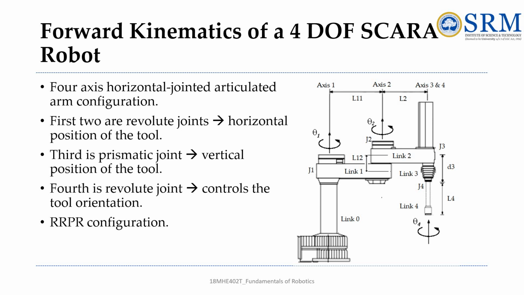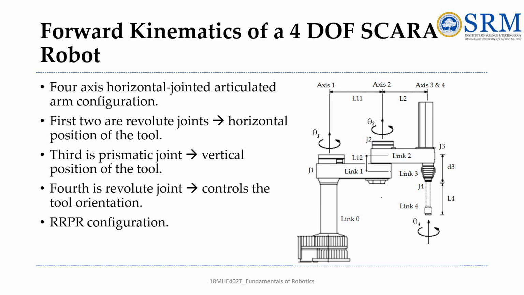Okay, so link 1 and link 2 are named L11, L12. So you have here 4 axes, axis 1, 2, axis 4, and we have link 4, we know that. Okay, so link 0 is the base link, then link 1, link 2, link 3 and link 4. You could see in the picture.